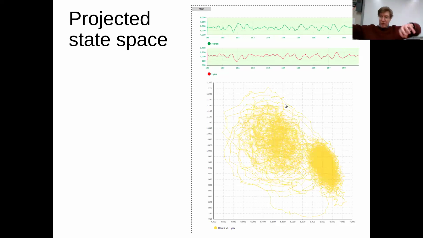You might think with all those different agents, you would have no rhyme or reason. This would be just a buzzing, blooming confusion of kind of cross trajectories and kind of, no rhyme or reason to it, just a fuzzy mess occupying this whole area because you've got all these agents doing different things. We're just projecting this down to just two dimensions.